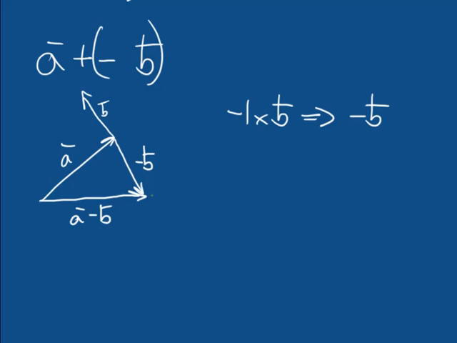It's the exact same thing in 3D. If this was a 3D vector and this was a 3D vector, wherever we were starting in 3D space, and then we travel along our first vector and then the opposite direction of our second vector, wherever we then got to in 3D space, obviously these are going to be 2 points, the vector that travels between those 2 points is equal to A minus B. So it's the same thing in 3D as it was in 2D.